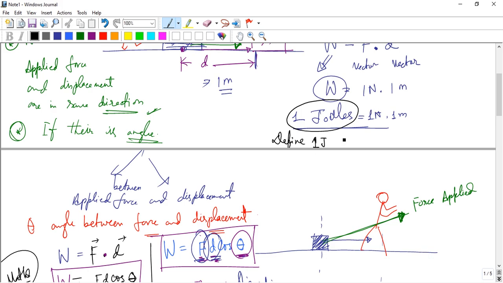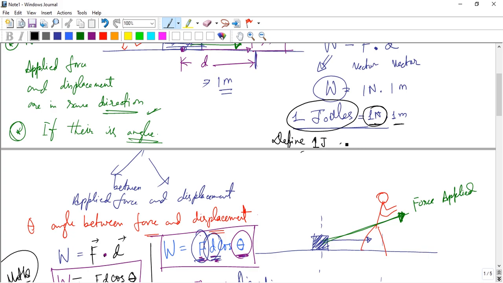Very easy. There are two important factors, 1 Newton and 1 meter. 1 Newton force is applied on an object, and the body gets displaced 1 meter in the direction of force.